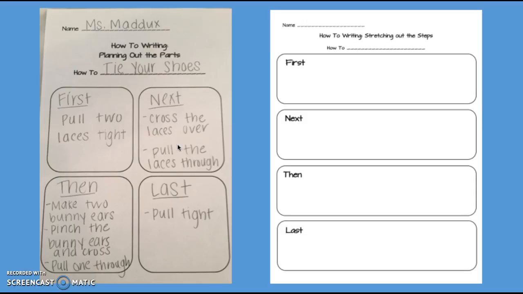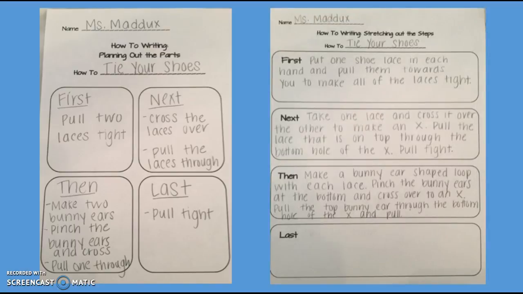So let's take a look at what I've drafted up together. For the first one, we took first pull two laces tight on our planning sheet, and we moved it over here. It says, first put one shoelace in each hand and pull them towards you to make all of the laces tight. The next step over here literally is the next. So we said cross the laces over, pull the laces through.